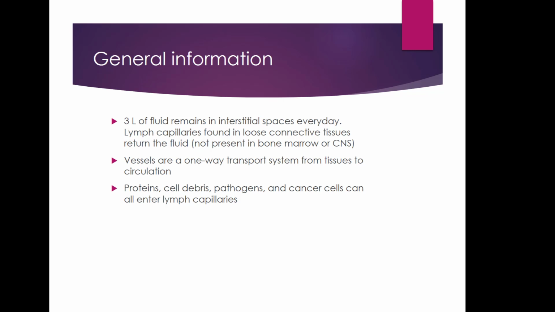Any cellular debris has to be gotten rid of, pathogens, and unfortunately cancer cells. Not necessarily unfortunately, because the cancer cells would be presented then to the immune cells so that they can be destroyed. But you've probably heard about if you're doing a breast cancer self-exam or testicular cancer self-exam, you're checking the testes, you're checking the breast to see if there's any abnormalities, any lumps.